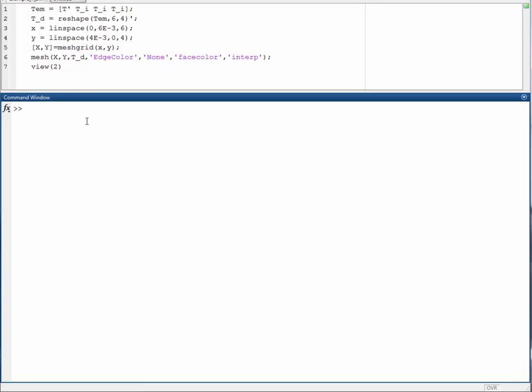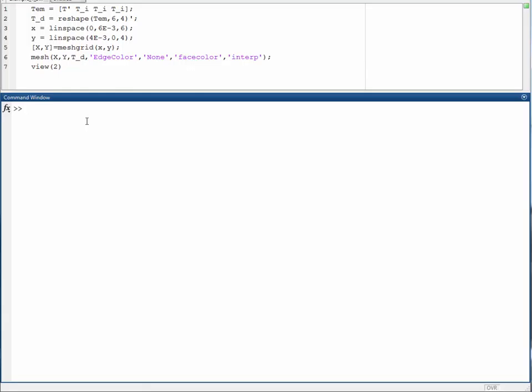The next step is we're going to resize the vector so that it has the orientation that we have. We have 6 nodes going across in one direction and then 4 nodes in the other. So we reshape this vector so that it becomes a matrix, and the size is going to be 6, 4. So that means that it's going to be 6 columns and 4 rows.